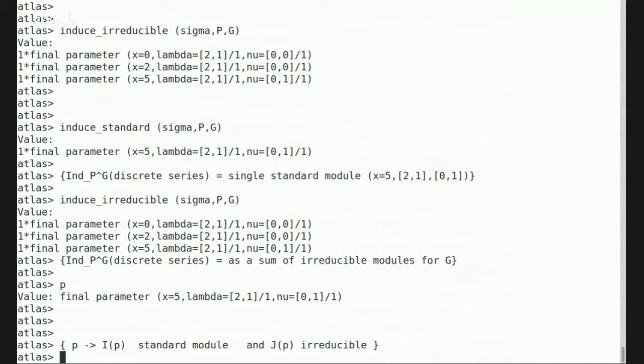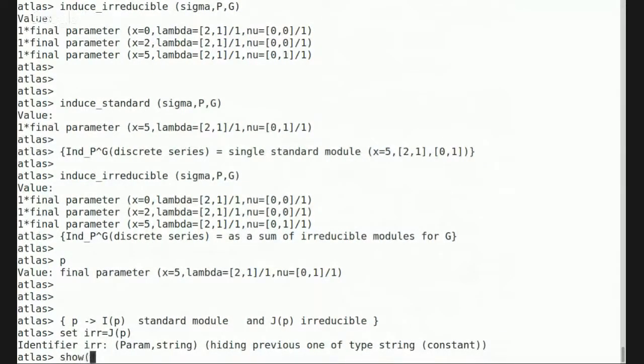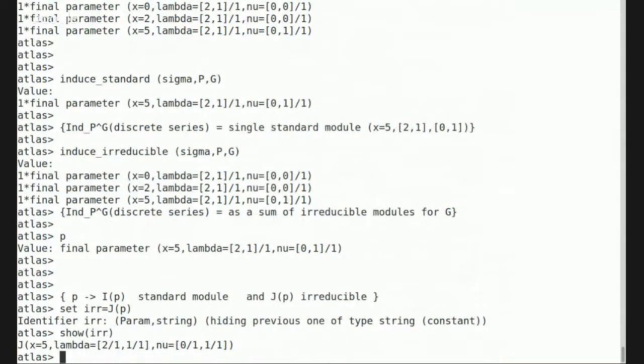And so here's the beginning of that. You can say, let's set irreducible to be J of P. And what this means is P is a parameter. Associated to the parameter is an irreducible representation. And that's what this is. And there's a command show to show it.